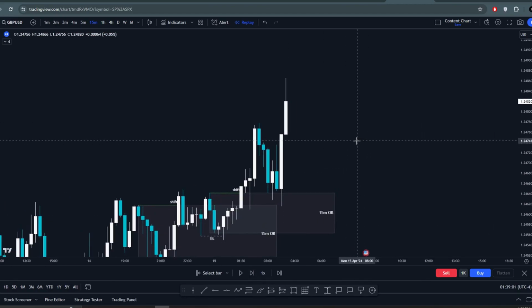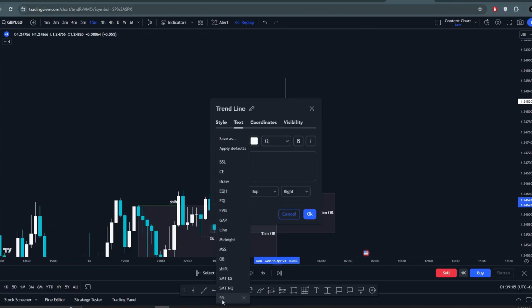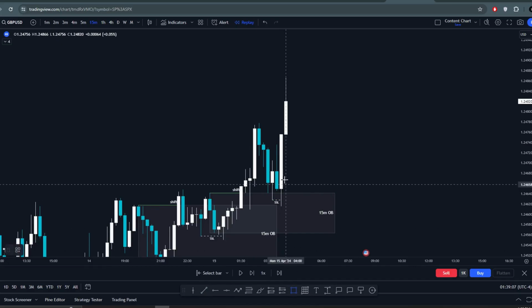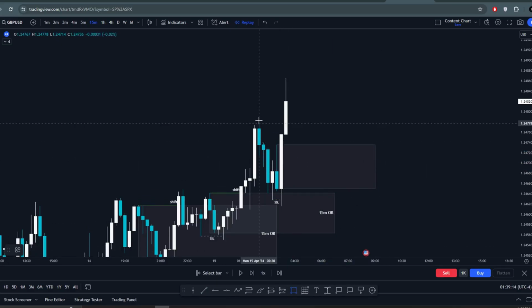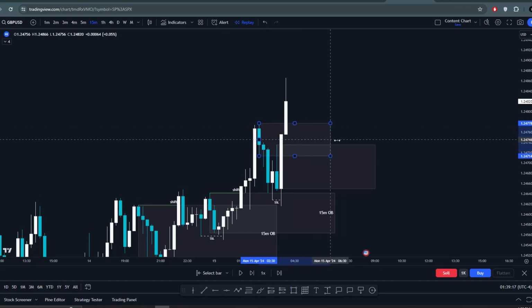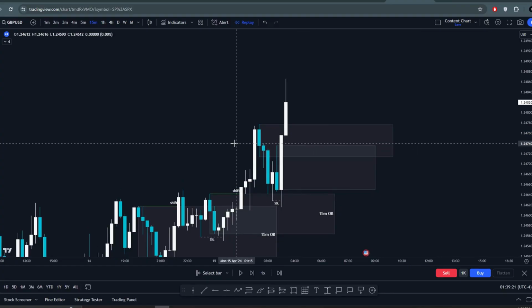And once again, we have here a high probability order block. This is a high probability order block. Right here, the price can respect this down close candle. Our first line of defense is this order block right here.